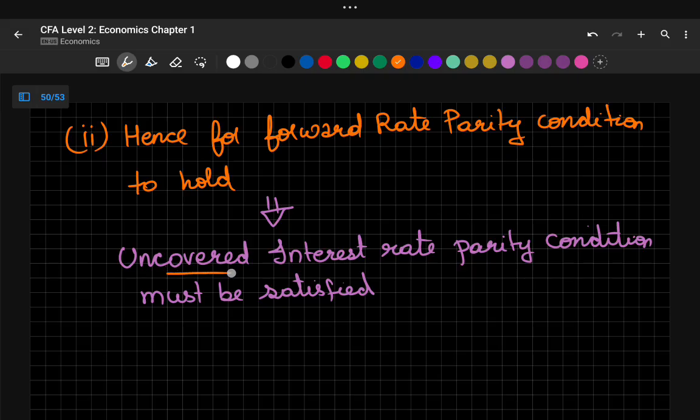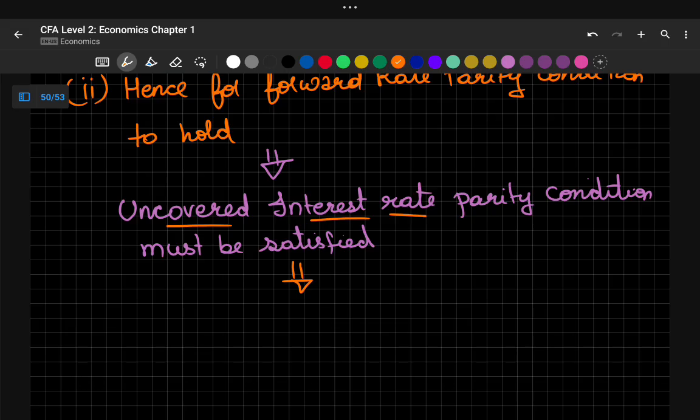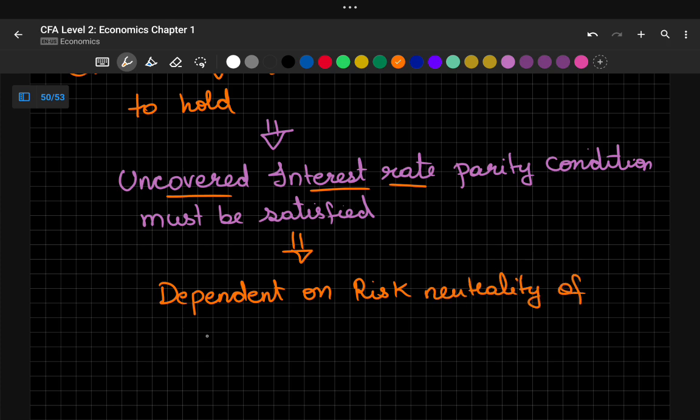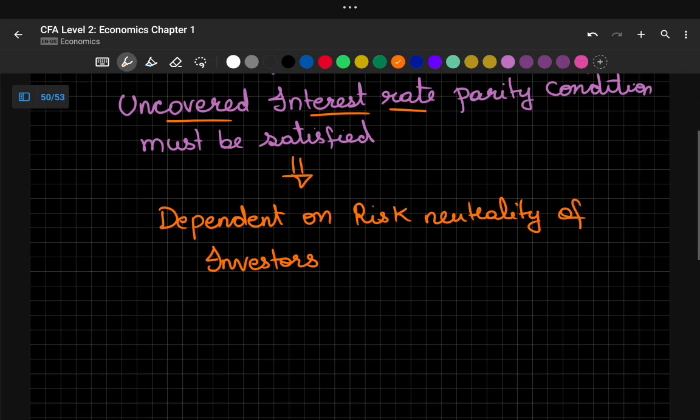It is dependent on the risk neutrality of investors and speculators. But in the real world, most of the investors are not risk neutral.